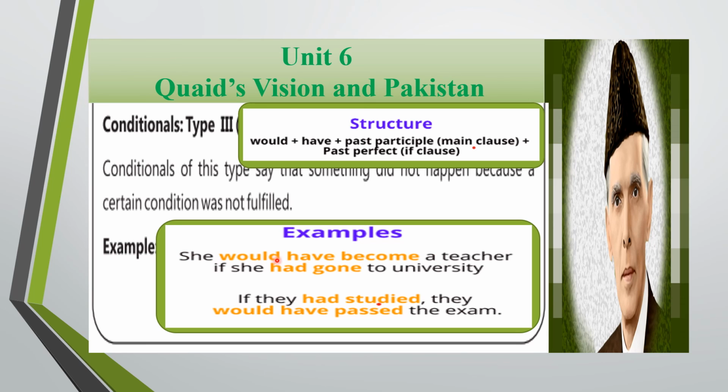She would have become, would have and past participle. Would have become a teacher if she had gone to university. If clause is making use of past perfect. And second sentence, if they had studied, they would have passed the exam. Both clauses are following the same structure.